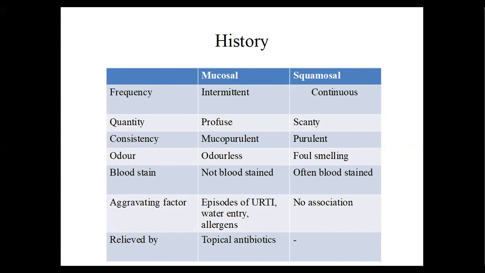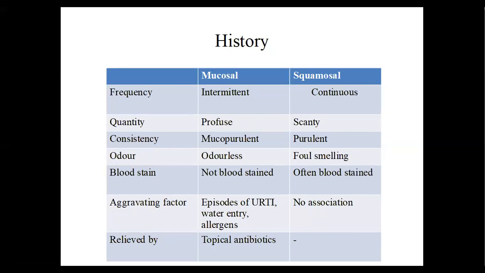Coming to the squamosal variety, the discharge is more or less continuous when you ask the patient. That means the defect or the pathology in squamosal disease is mainly the pars tensa posterior superior quadrant or pars flaccida retraction pocket, and as the retraction pocket becomes more and more deeper, at one point of time the neck of the retraction pocket becomes such that it cannot drain out the keratin debris outside.